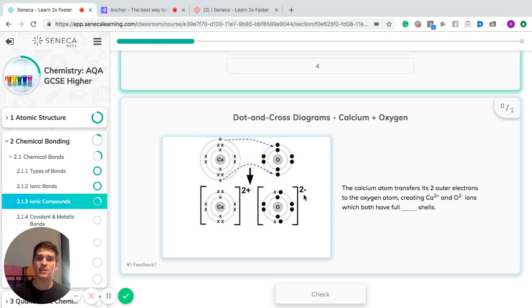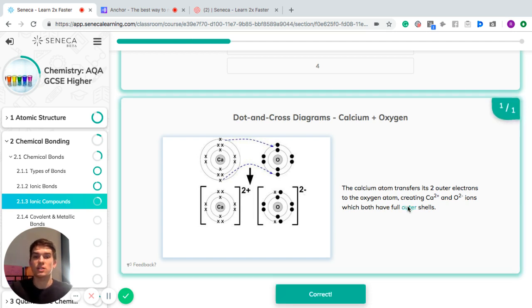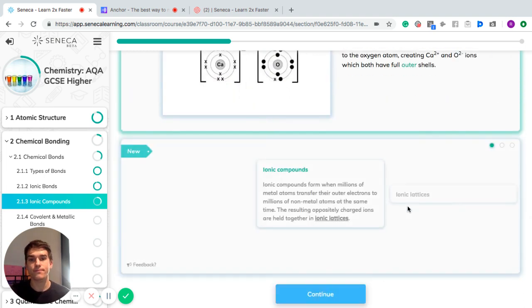So the calcium atom transfers its outer electrons to the oxygen atom and creates Ca2+ ions and O2- ions, which both have full outer shells of electrons. And ionic compounds form when millions of metal atoms transfer their outer electron to millions of non-metal atoms at the same time.